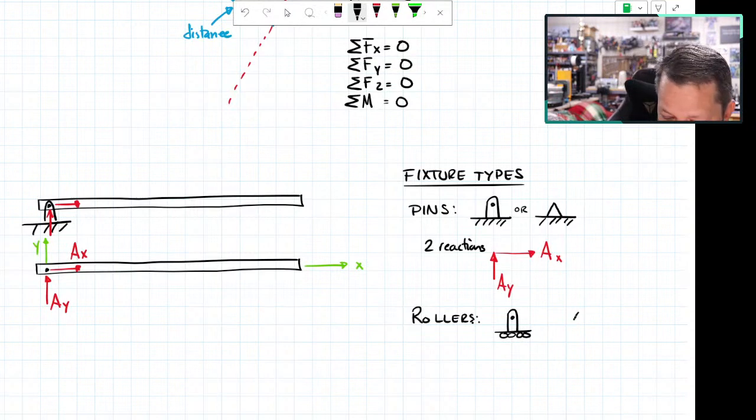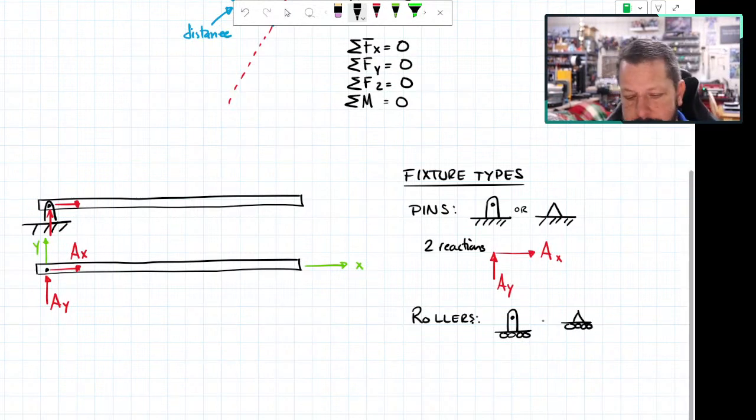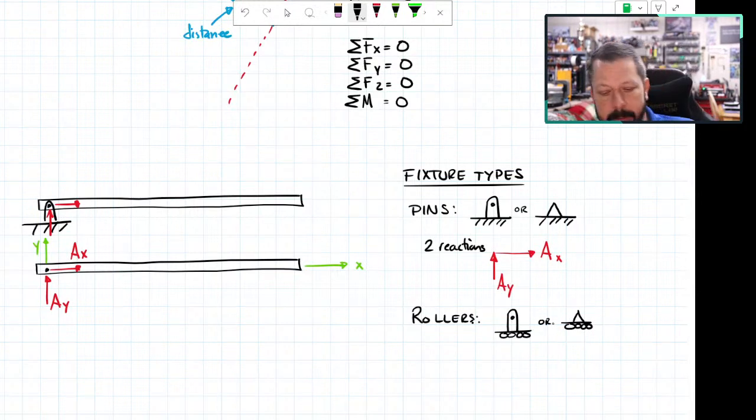Or it might be the little triangle with wheels on it. So the idea there is that the roller keeps the thing it's attached to from moving up and down, or well, whatever is perpendicular to the thing it's rolling on. It keeps it from moving that way, but it allows it to move along the surface it's rolling on.